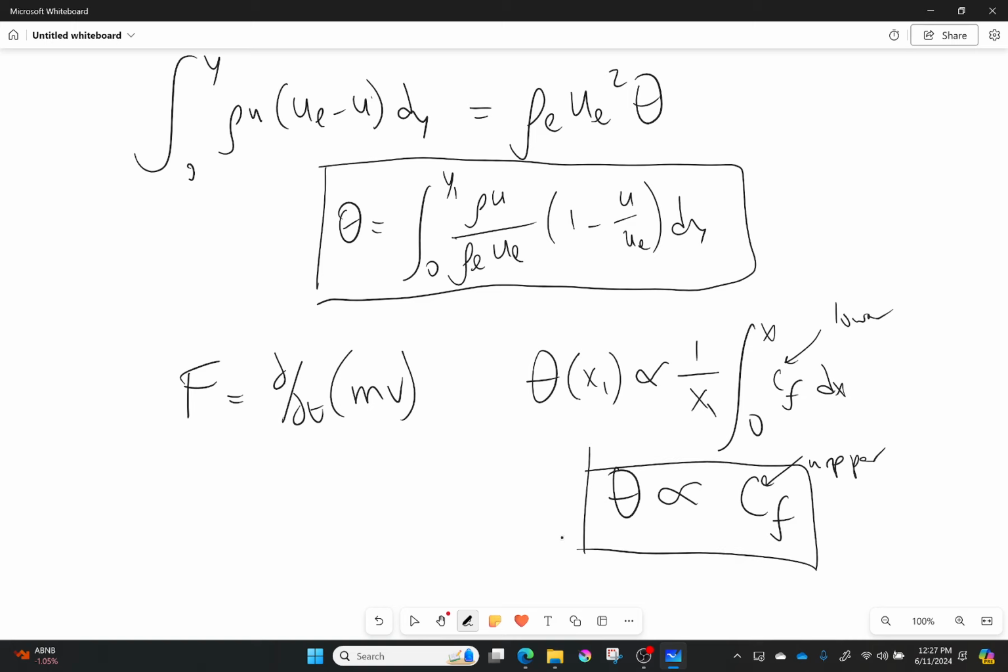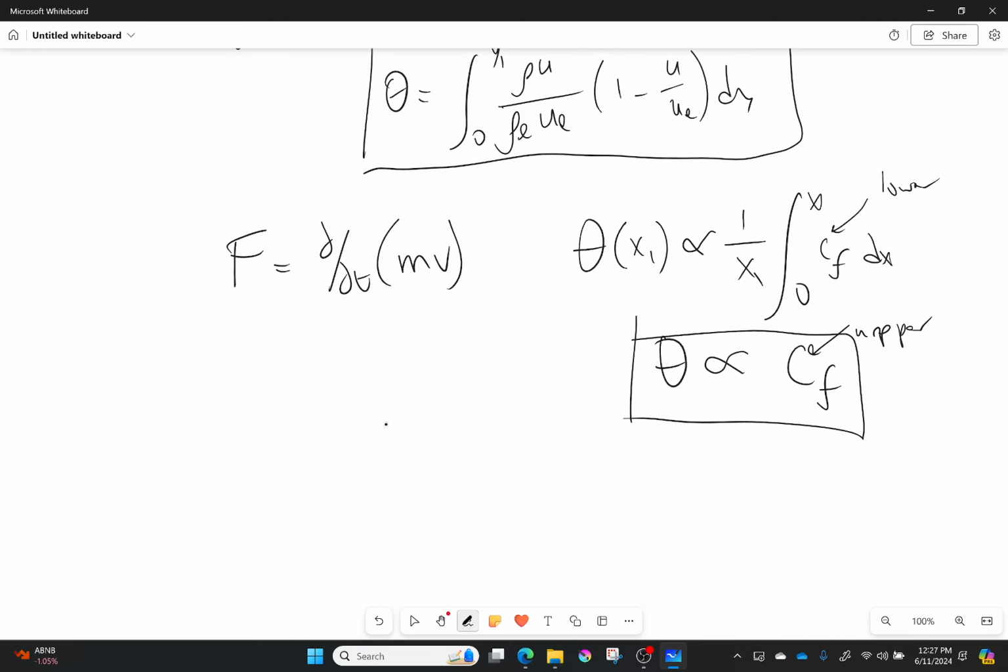So the higher the momentum thickness I have, the more missing momentum I have, and therefore the greater force that my surface has to exert on the flow to do that. The only thing that can cause a change there is this surface.